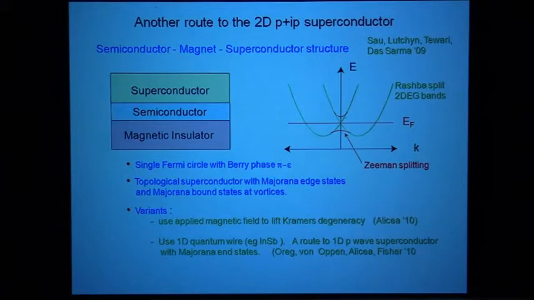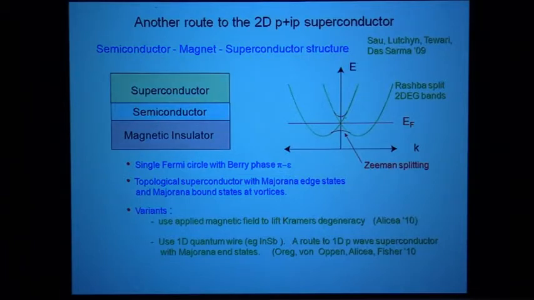If you have an ordinary semiconducting material that has a strong spin orbit, it can give you a Rashba type band structure. If you have a Rashba term, then it spin splits the energy bands in a way where you have a Kramers degeneracy at k equals 0, but then it gets split like this.